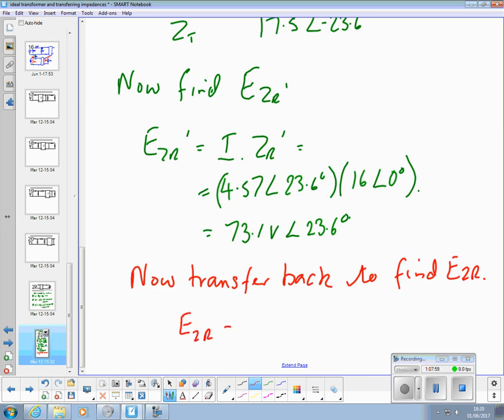E2R is equal to E2R dash divided by A. If you multiply to go from one side to the other, you divide to go back the other way.